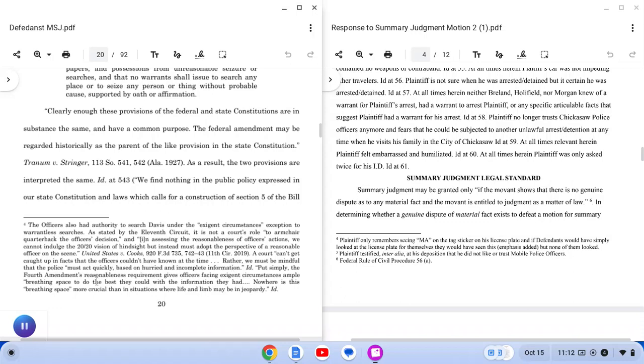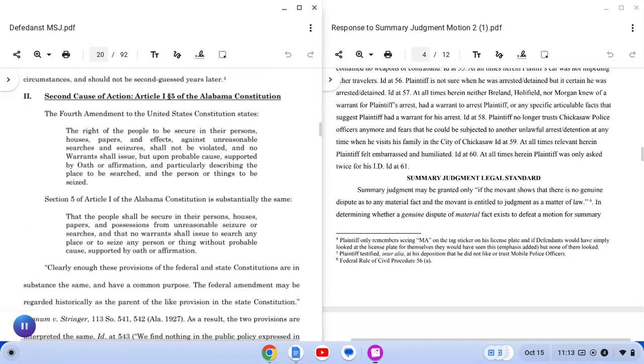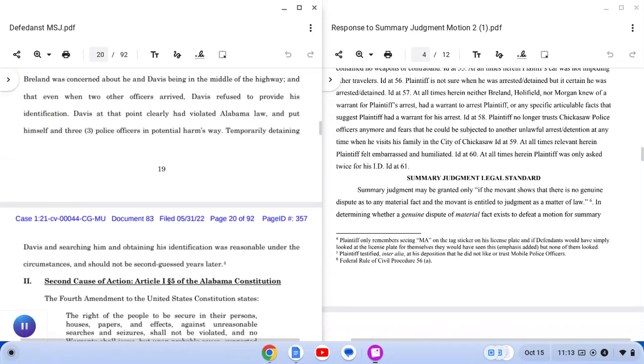Put simply, the Fourth Amendment's reasonableness requirement gives officers facing exigent circumstances ample breathing space to do the best they could with the information they had. Nowhere is this breathing space more crucial than in situations where life and limb may be in jeopardy. Okay, so that's their argument to my first cause of action.